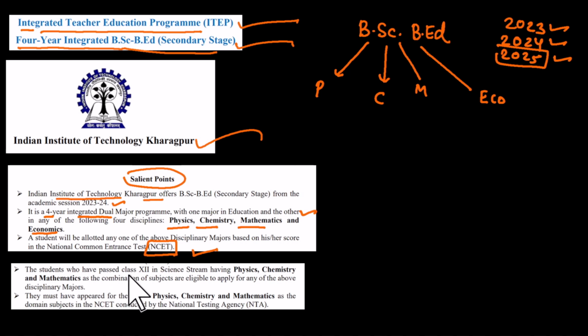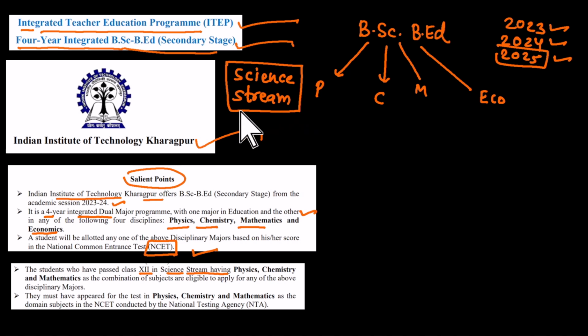The students who have passed class 12th in science stream, so to get into this IIT the requirement is science stream. Okay, so that means if you have done 11th and 12th from your arts stream, you cannot now come to IIT and do BSc.